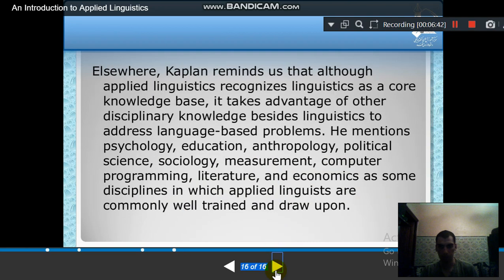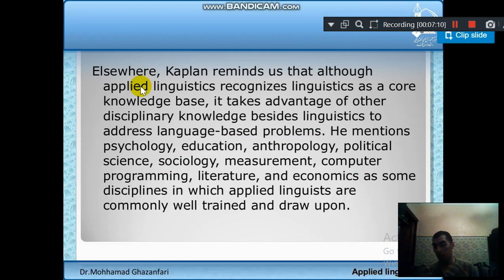Okay. Elsewhere, Kaplan reminds us that although applied linguistics recognizes linguistics as a core knowledge base, it takes advantage of other disciplinary knowledge besides linguistics to address language-based problems. He mentions psychology, education, anthropology, political science, sociology, measurement, computer programming, literature, and economics as some disciplines in which applied linguists are commonly well trained and draw upon.